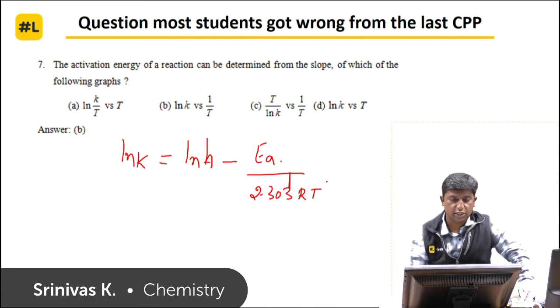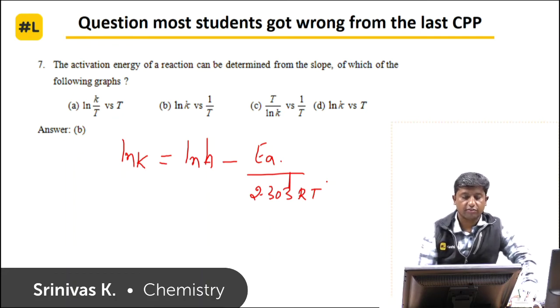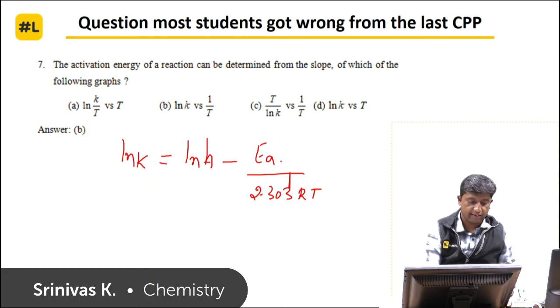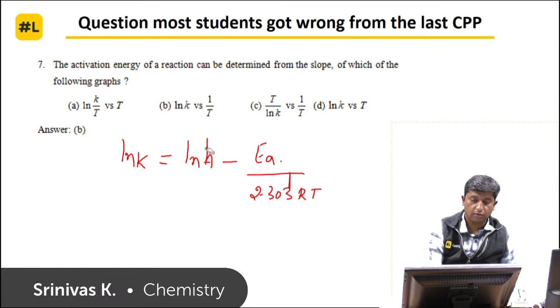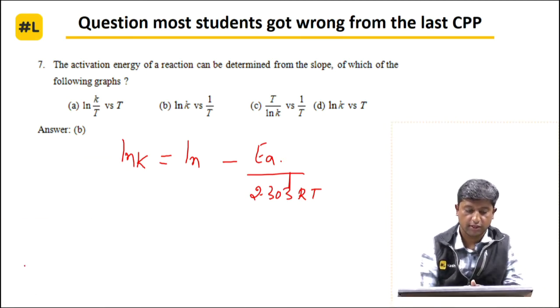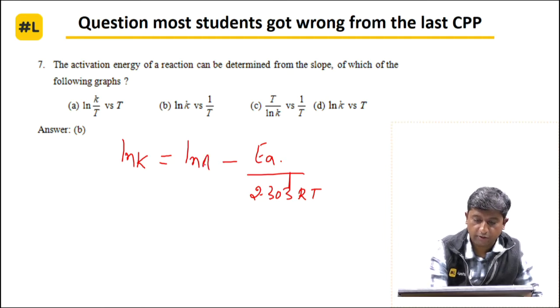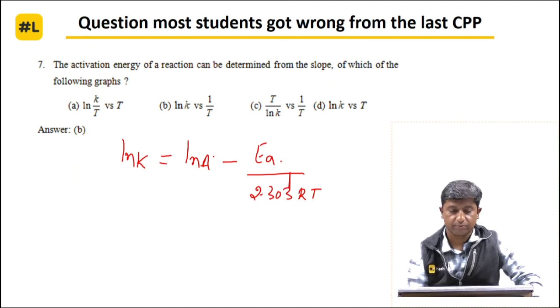Little bit of disturbance is there, so please bear with it. This is the equation: log of k will be equal to log A minus EA divided by 2.303 RT.